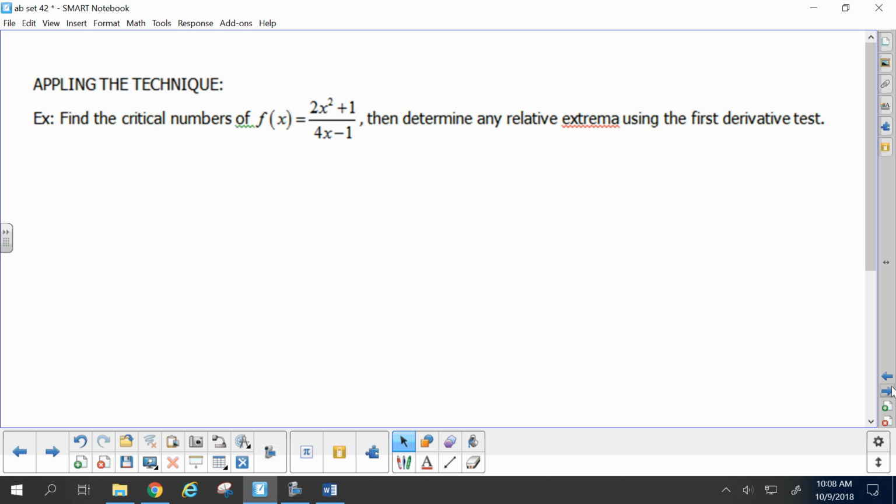The derivative is not going to be a thing. Those aren't gone, so I'm not going to change it.